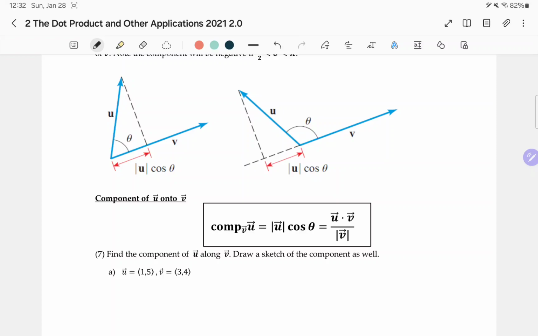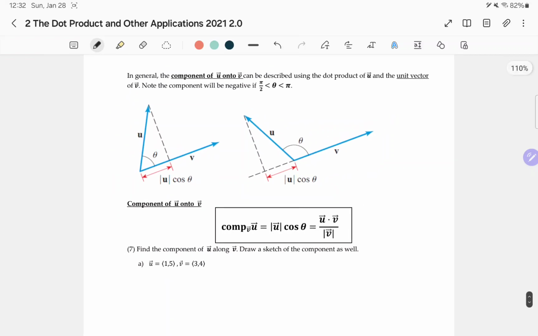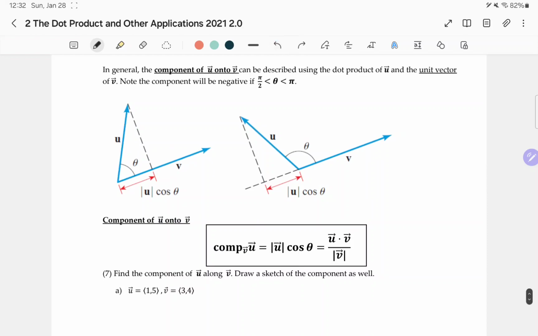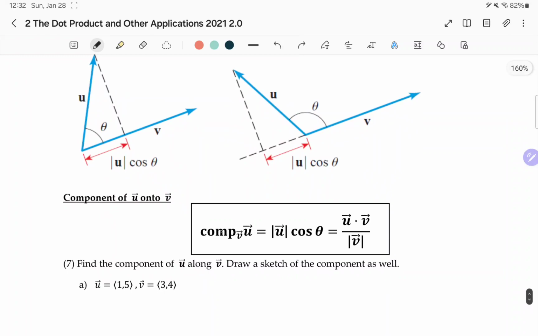So, the component of the u vector onto the v vector. You see how we have our u vector here, and then this is the component that's on the v vector.